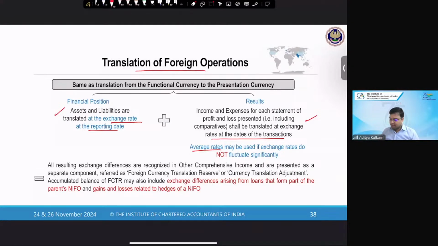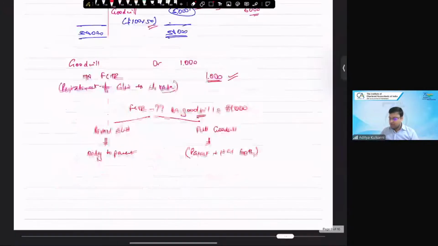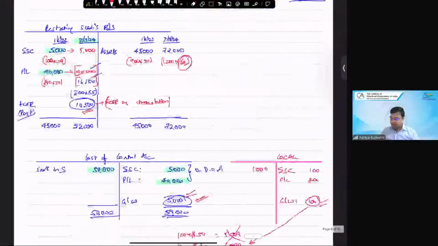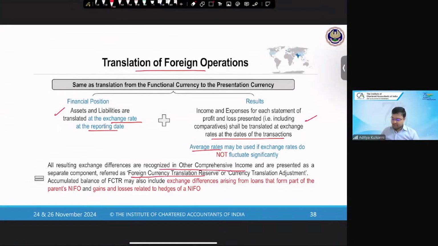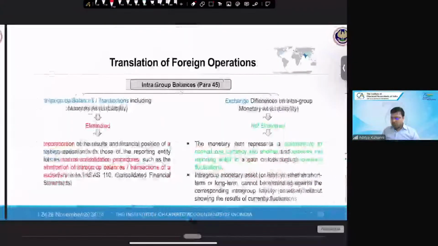Again, same as what we have done. All resulting exchange differences are recognized in other comprehensive income under a separate component called FCTR. Did we do that? Yes. In our example, what we saw just now, we have accumulated 10,500. That is nothing but FCTR on translation. Okay. So nothing new here.